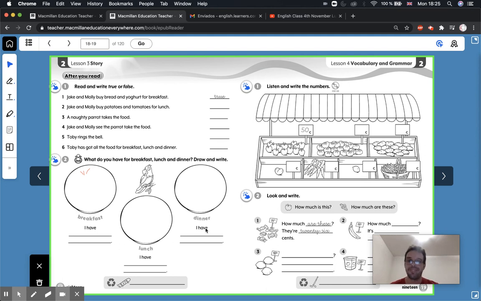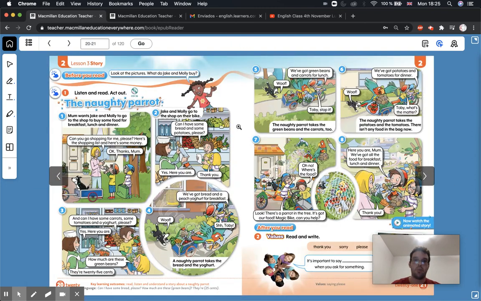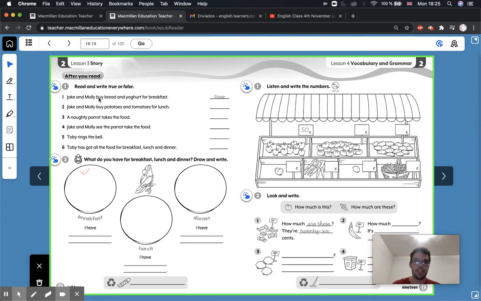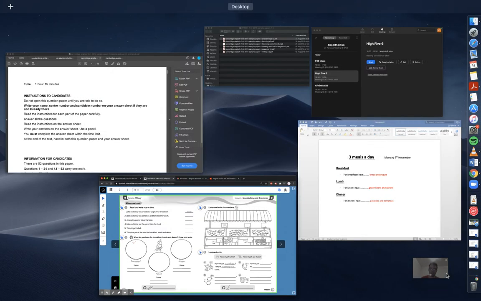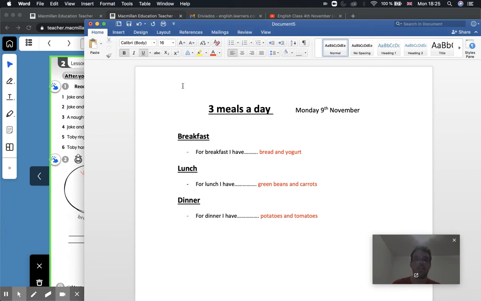class. Okay? So, just a reminder, so we should have, we read the story, okay, and then in page 18 in the workbook, we have exercise 1 finished and exercise 2. And in the notebook, we have this written down.